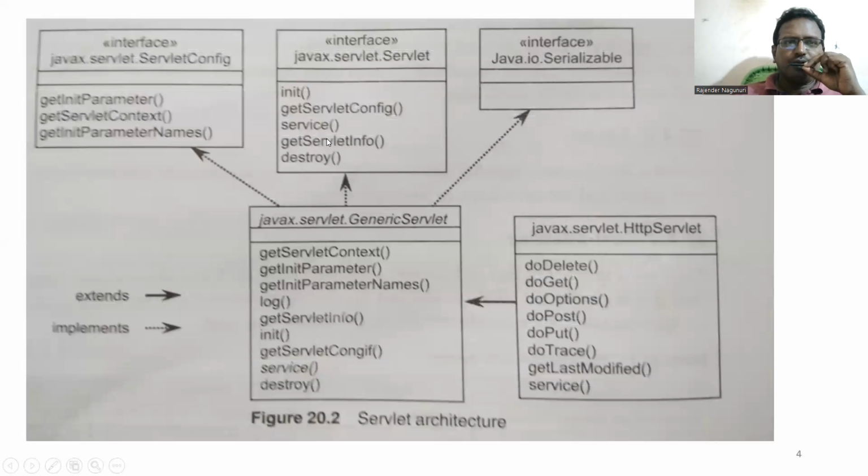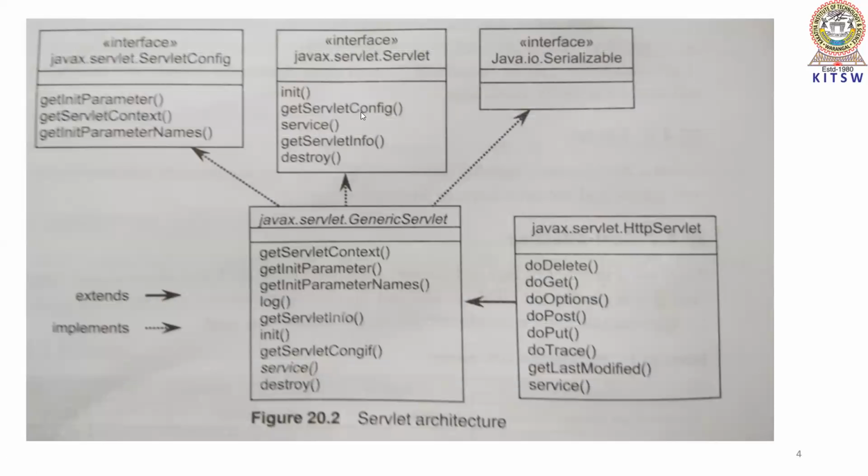This diagram shows servlet architecture. The dotted line indicates extends. The dashed line indicates implements.